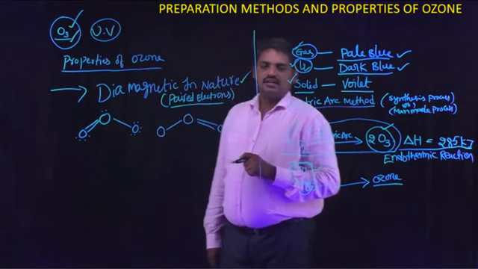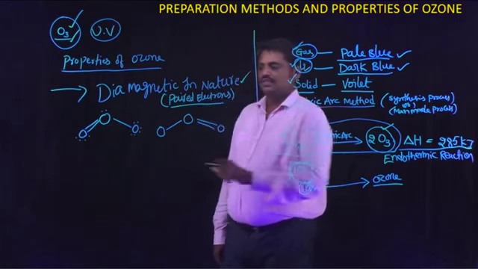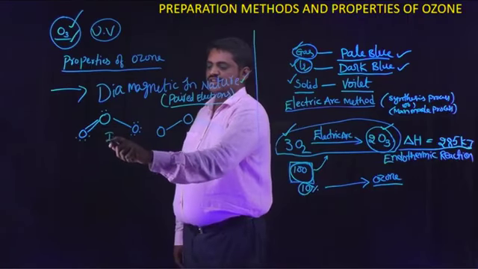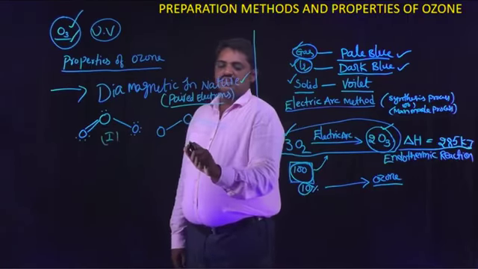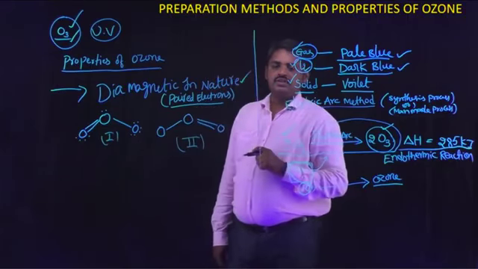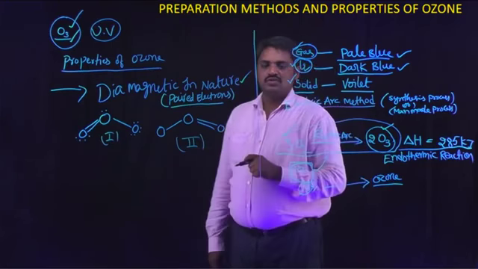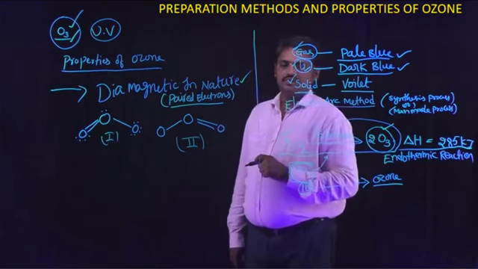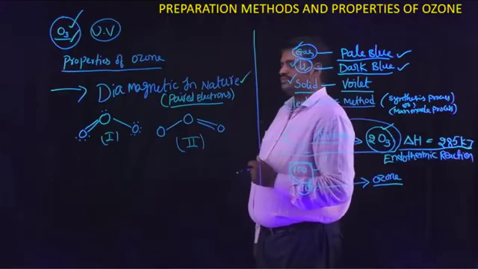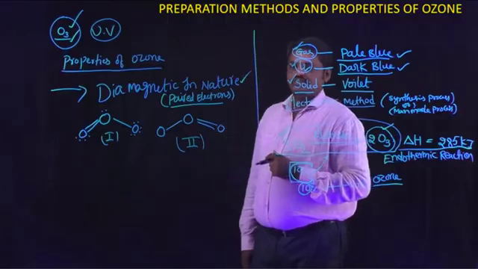So these are the Lewis structures of the ozone molecule. This is the first resonance structure, and this is the second resonance structure. These are the two resonance structures of the ozone molecule, and the structure is angular.